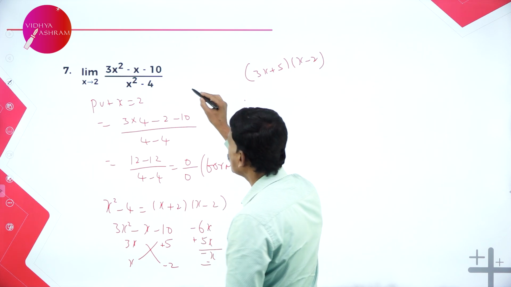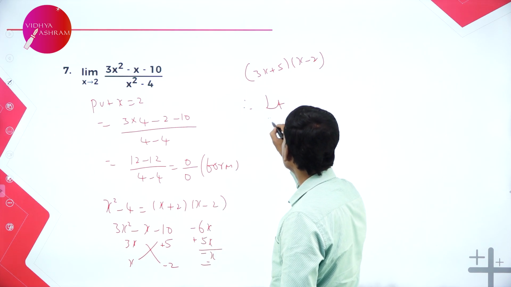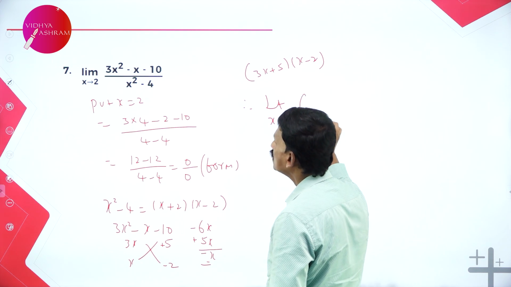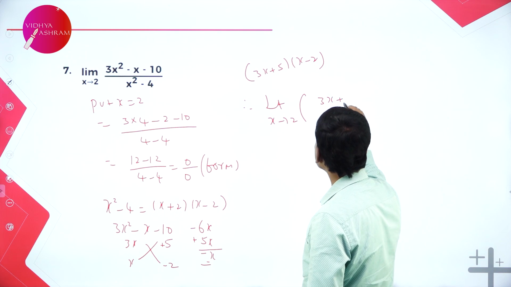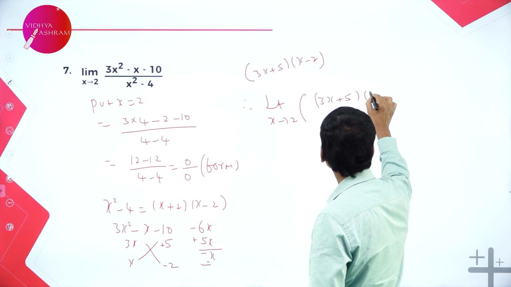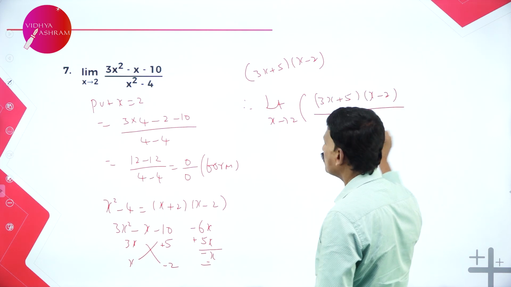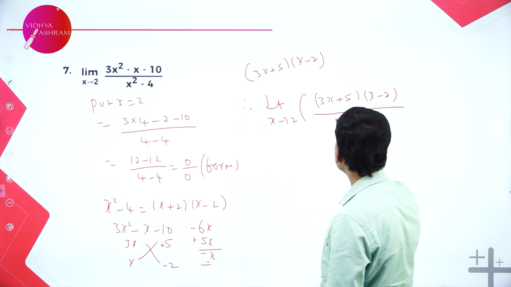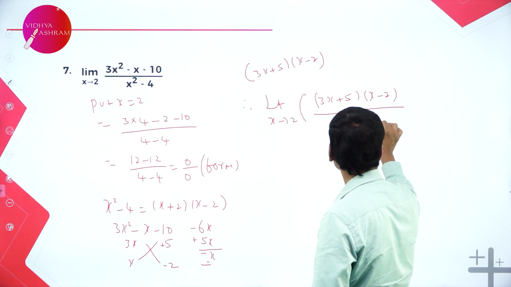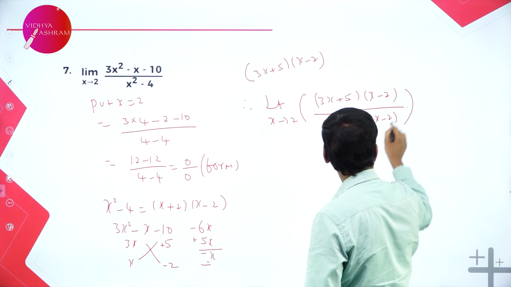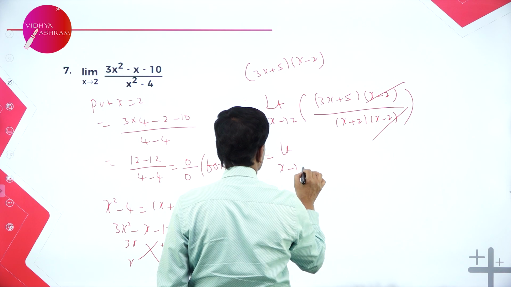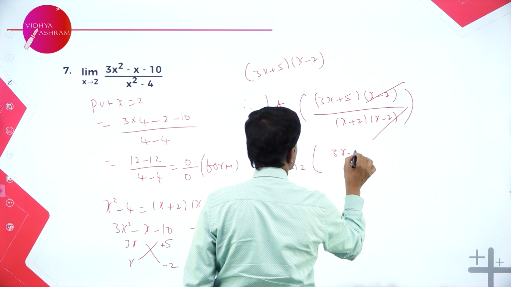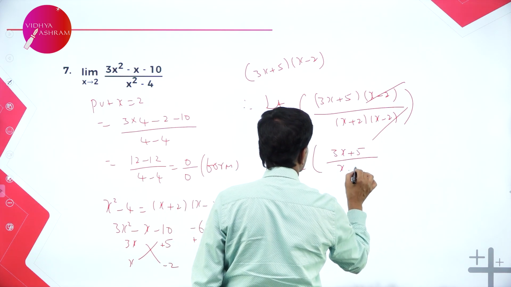Therefore, the given limit becomes limit x tends to 2 of 3x square minus x minus 10, whose factors are 3x plus 5 into x minus 2, divided by, in the denominator, a square minus b square, x plus 2 into x minus 2. So x minus 2 gets cancelled. What is left is limit x tends to 2 of 3x plus 5 divided by x plus 2.